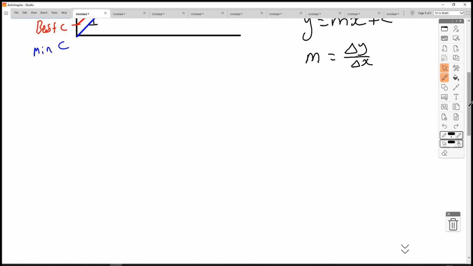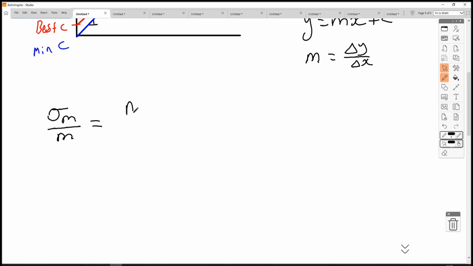Now, the uncertainty in the gradient is just equal to the difference between the best and one of the worst, so best and maximum, or best and minimum, over the best.